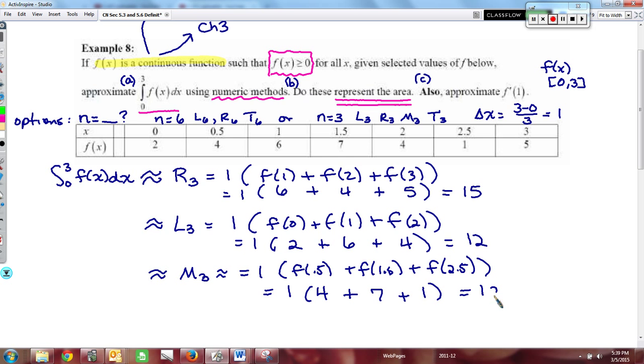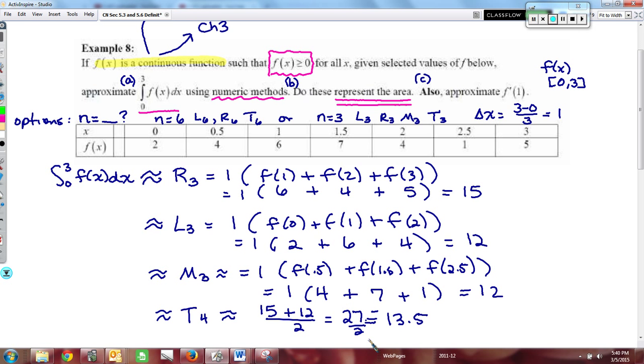So that's going to give me 12 for M3. And then I could approximate with T3, which would simply be your right plus your left divided by 2, 27 over 2, which is 13.5. Okay, so it's not too bad.